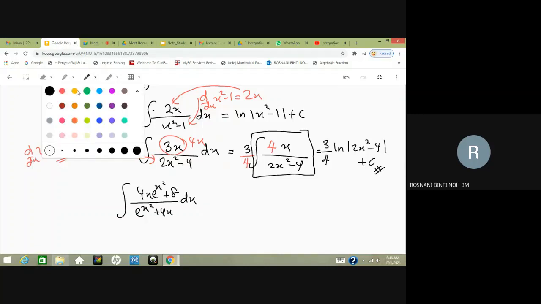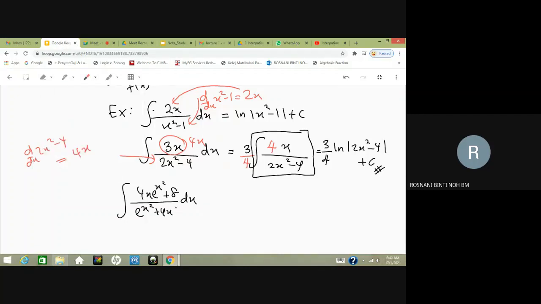Now take a look at your denominator and let's differentiate it. When you differentiate e^(x squared), it is e^(x squared) multiplied by 2x, plus differentiating 4x gives 4. So this one will be 2x e^(x squared) plus 4.